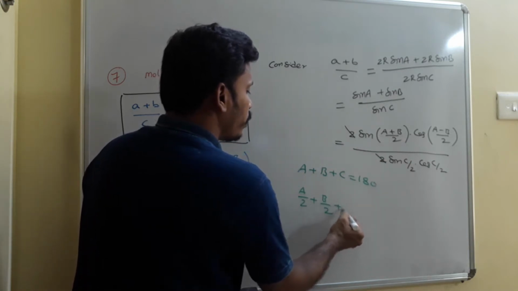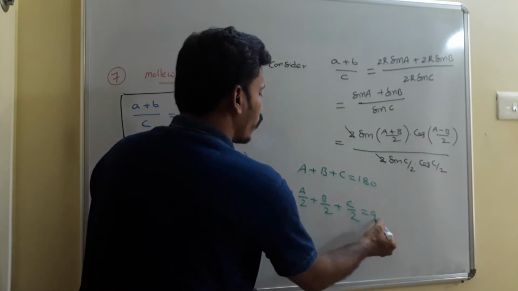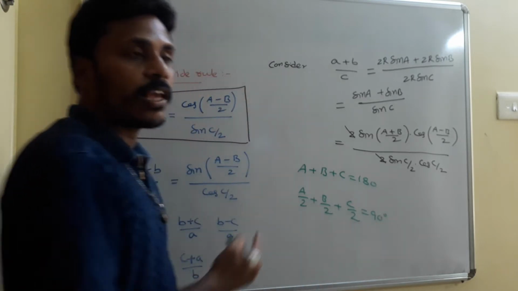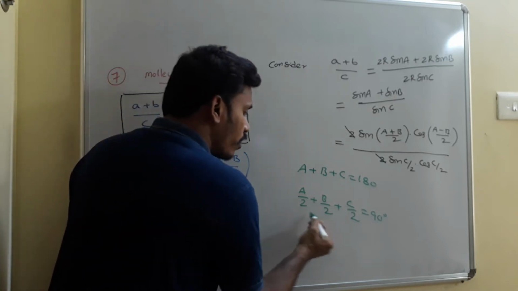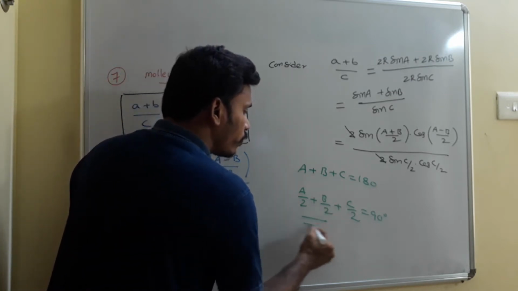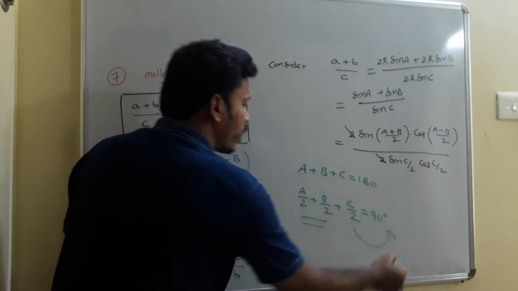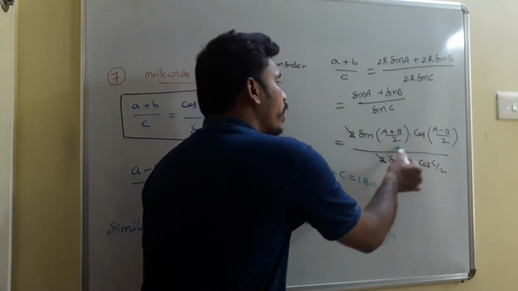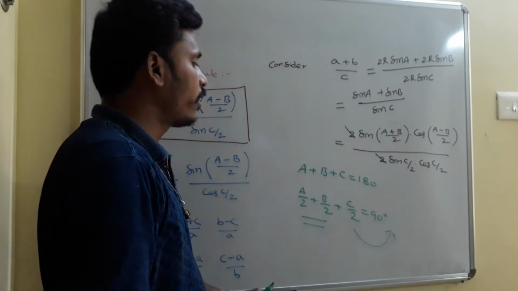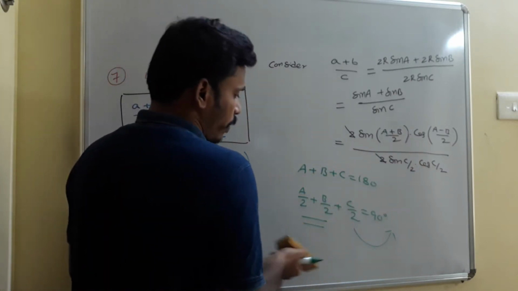a by 2 plus b by 2 plus c by 2 is equal to 90. And since a by 2 plus b by 2 plus c by 2 is 90, then what do you say about this a by 2 plus b by 2? This a by 2 plus b by 2 is 90 minus c by 2, right? And that's why I need to replace this (a plus b) by 2 with 90 minus c by 2. Okay?